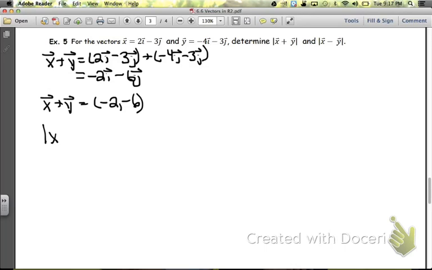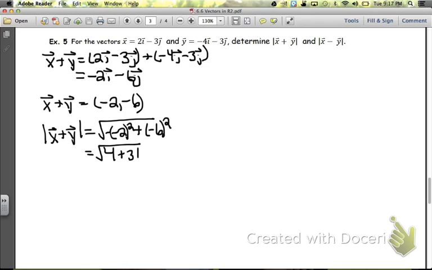So then to find the magnitude of x plus y, I'm going to take the square root of -2 squared plus -6 squared, which would be equal to 4 plus 36, which is equal to the square root of 40, which in exact form is 2 times the square root of 10.